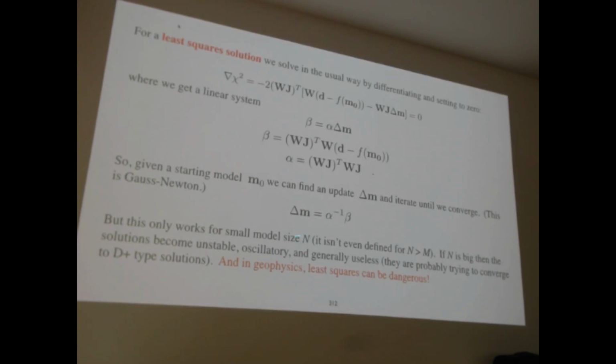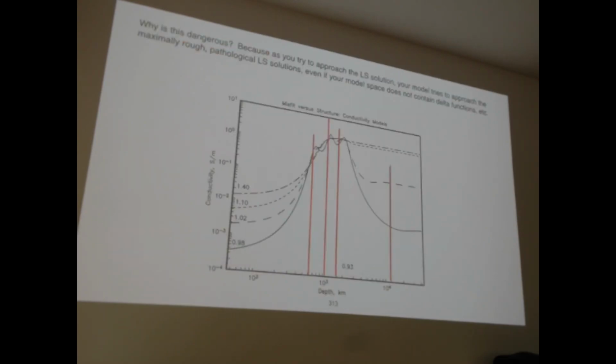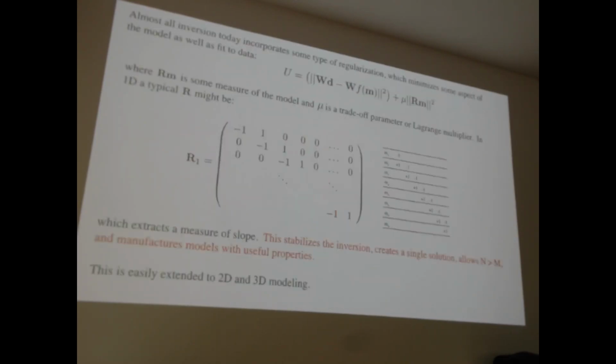And we also know that the least squares solutions have got to try and look like D plus this thing here. So almost all inversion today uses this thing called regularization to try and stop the model getting rough, to try and force it away from the D plus type solutions by penalizing roughness in the model.